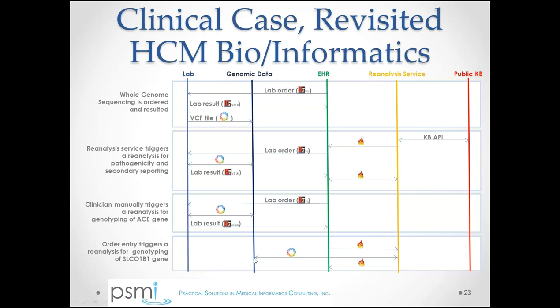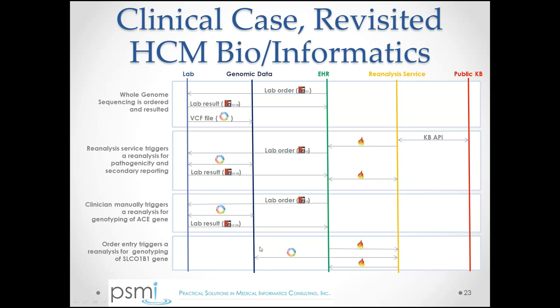And in some cases, the quality of secondarily assessed genes isn't the same clinical grade quality as those that were reported primarily in response to the order. And so you have to be a little bit careful.